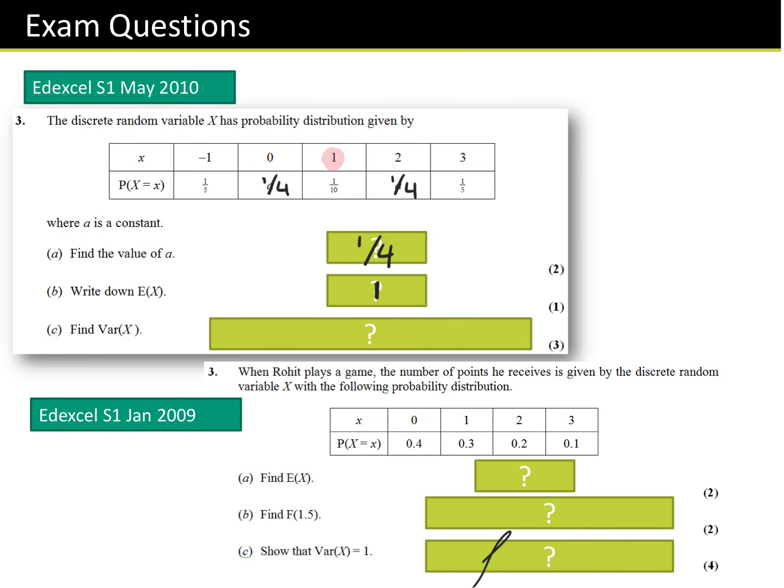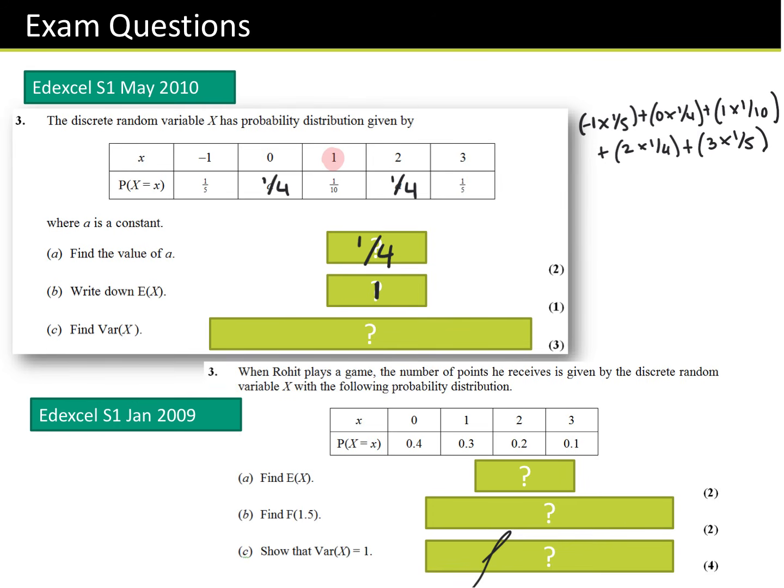Alternatively, you could have put it into your calculator: minus 1 multiplied by a fifth, plus 0 multiplied by a quarter, plus 1 multiplied by 1 over 10, plus 2 multiplied by a quarter, plus 3 multiplied by a fifth. And when you worked all this out, you would have got the value of 1.